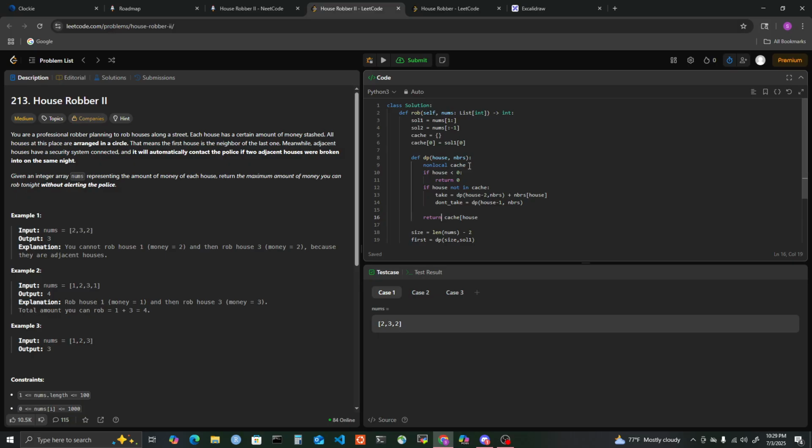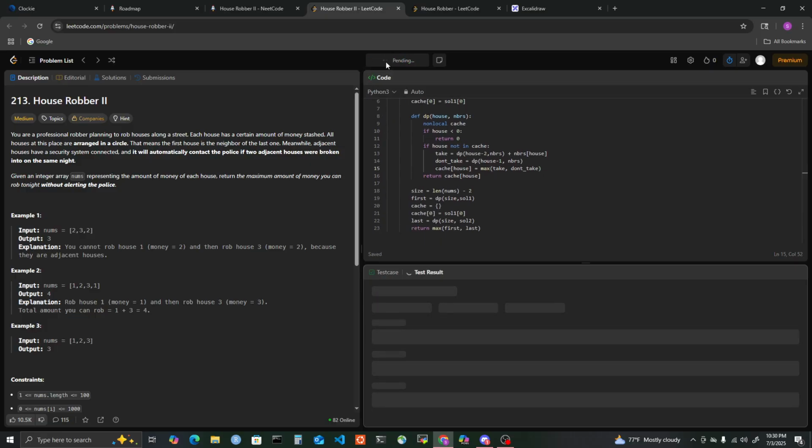We'll say that the current thing will be the max of either we take or we don't take.